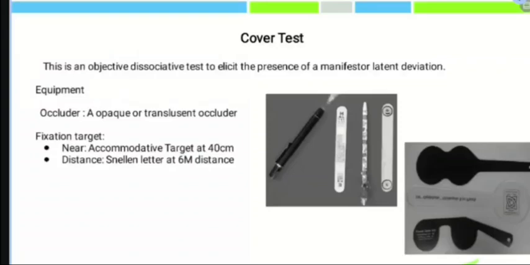Whenever you take it off, you have to respond quickly to observe the eye movement. It should be done for both distance as well as near. You can use toys, or fixation cards, or numbers, or any other things. Especially in the case of children, you can have some attractive lights and other things, so that the kids are able to see it.